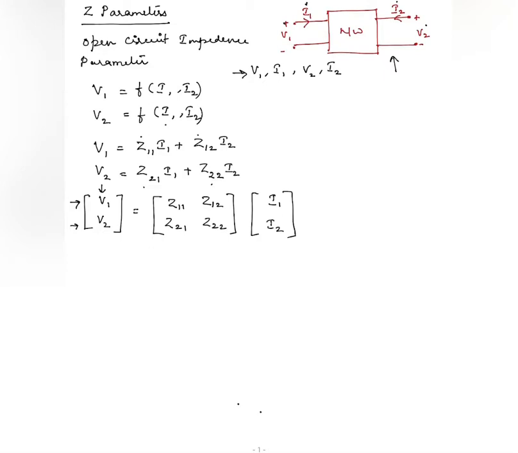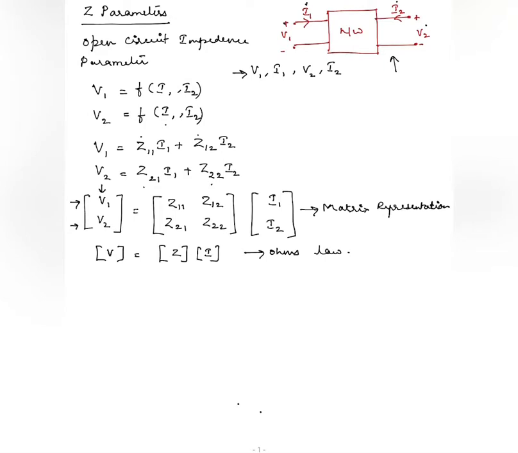This is the matrix representation of the Z parameters. Basically, voltage is a product of impedance and current, or you can simply relate it to Ohm's law: V is equal to I into R, where R has become the impedance.